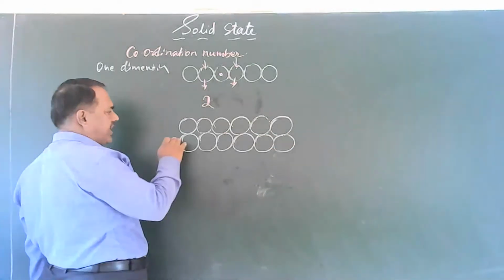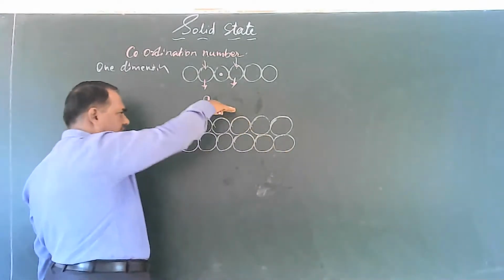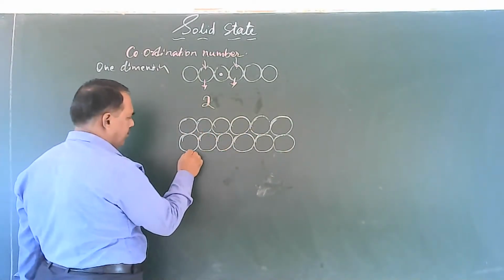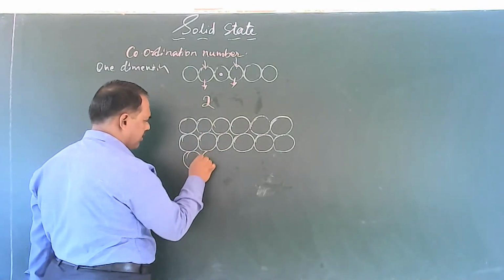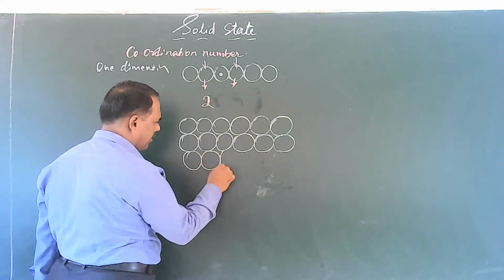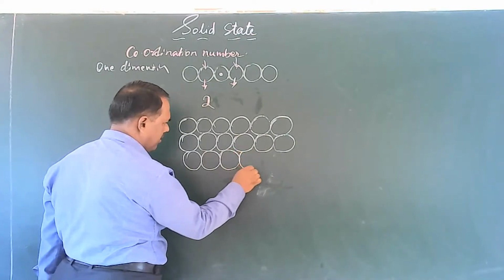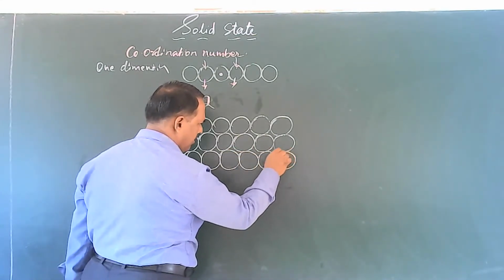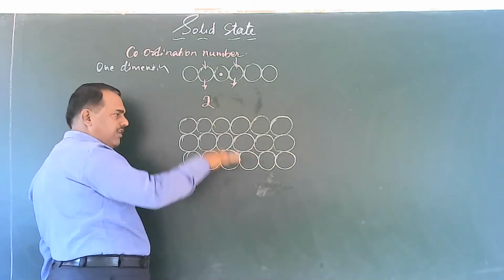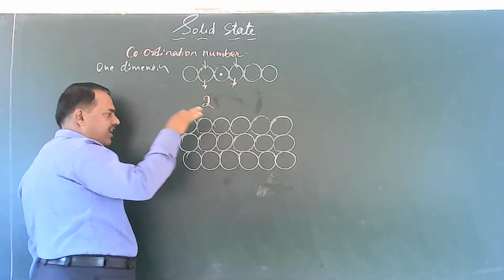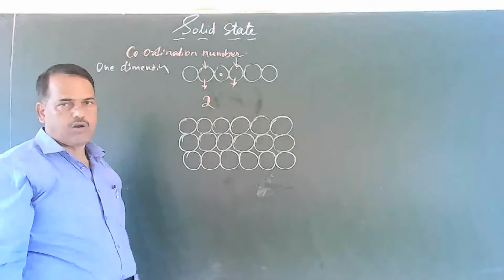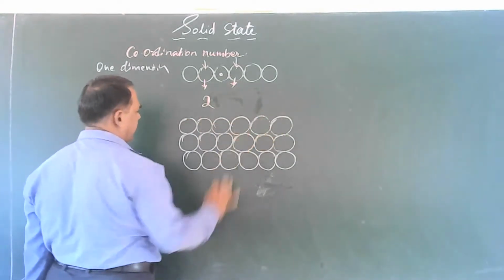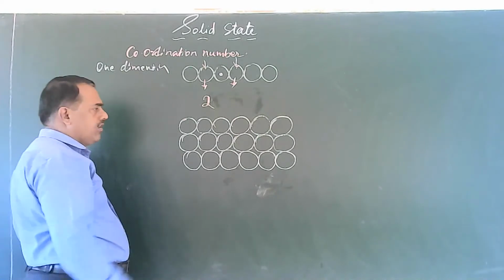Can you see? Second layer is placed exactly below the first layer. I am going to place another one. The third layer is also placed exactly below the second layer. Are you clear? See, it is nothing but a two-dimensional arrangement.